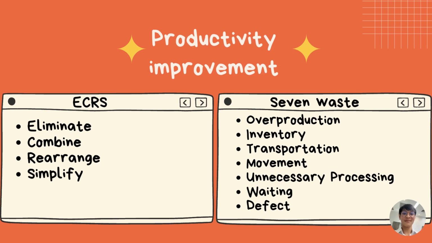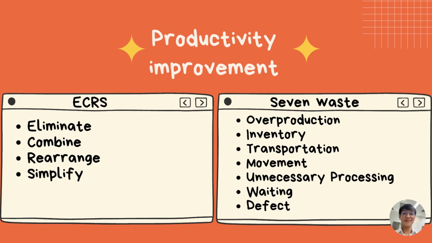We use the ECRS technique to increase production. ECRS has Eliminate, which is cutting off the unnecessary factors. Combine, which is combining similar processes together. Rearrange, which is sorting the process and improving the remaining problems. Simplify, where we apply specific technology to make the process easier.